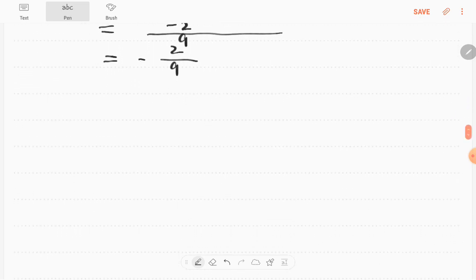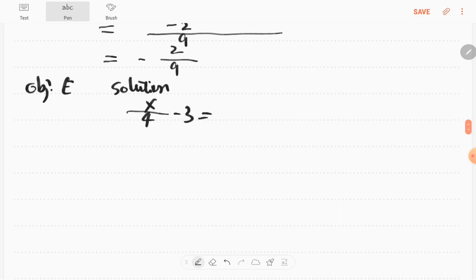So next one, we can check the solution. We have an equation x over 4 minus 3 equals x plus 3.